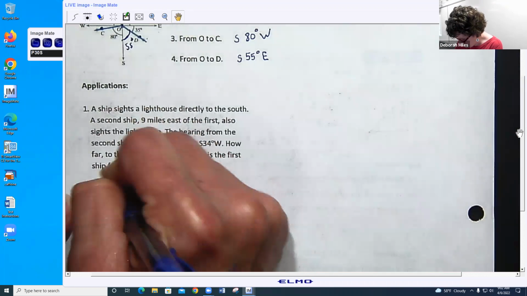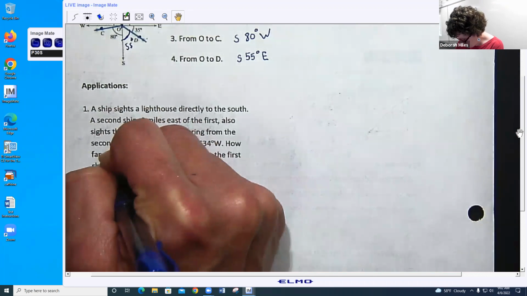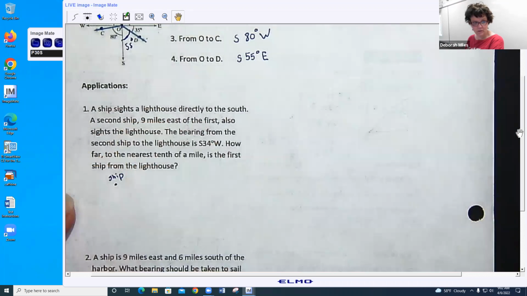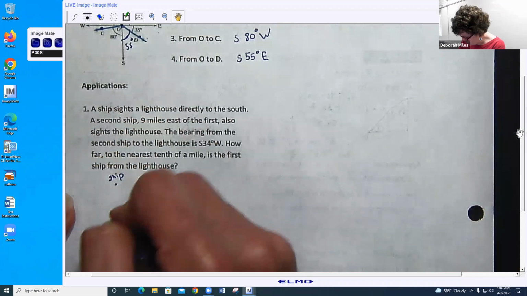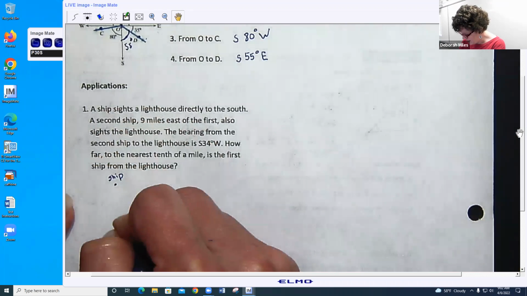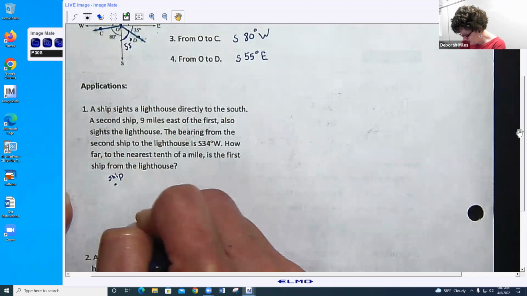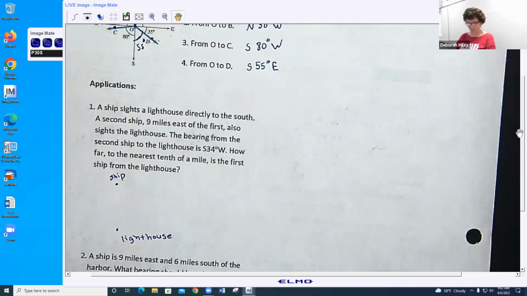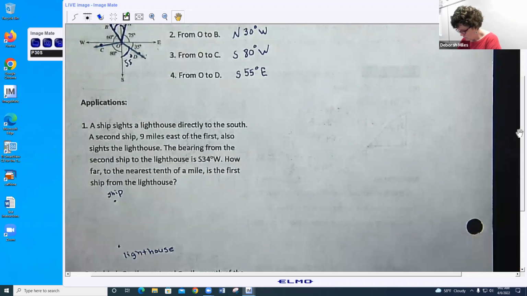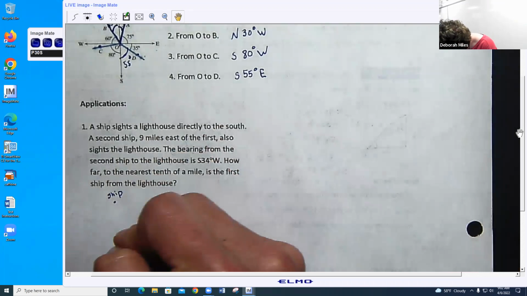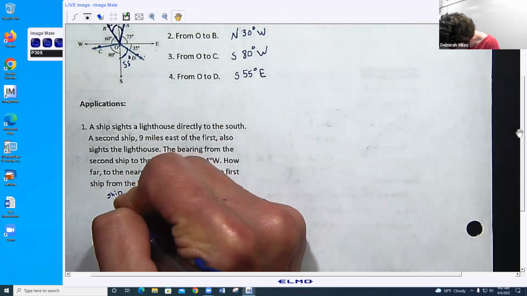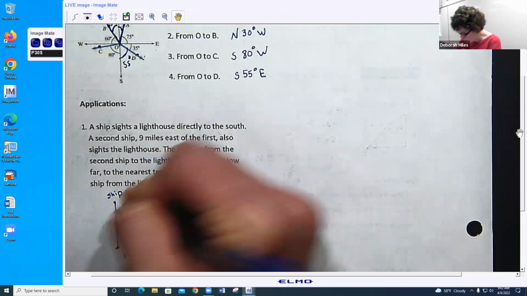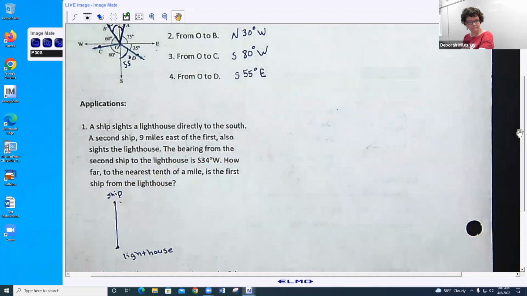Here's my ship, the very best ship, and a lighthouse that is directly to the south. That's somebody on the ship looking at the lighthouse.